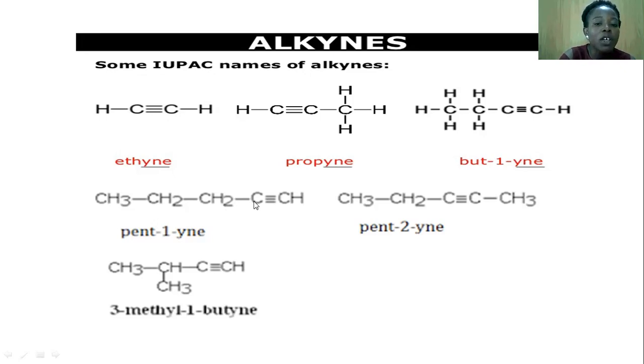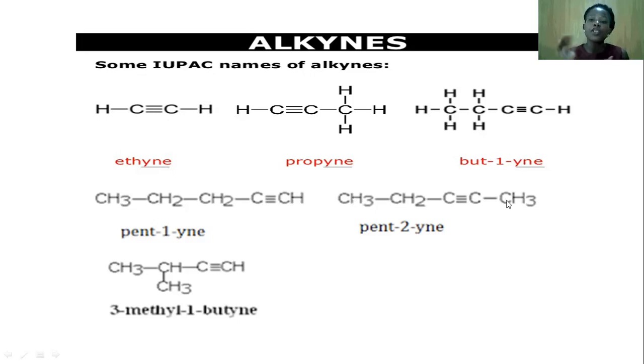This carbon, you have 3 bonds here, 1, 2, 3, 4, making it 4 bonds. So there's no hydrogen attached to it. And then to this terminal carbon, you have 1 hydrogen completing it because you have 3 here. So that's pent-1-yne, and here you have pent-2-yne because you have 5 carbon atoms, 1, 2, 3, 4, 5.